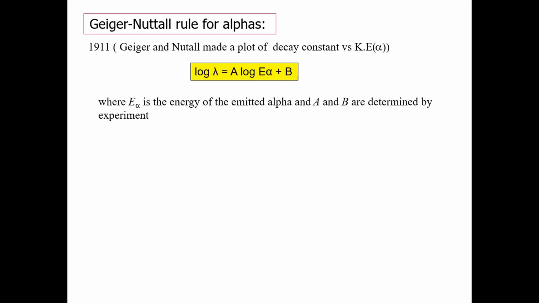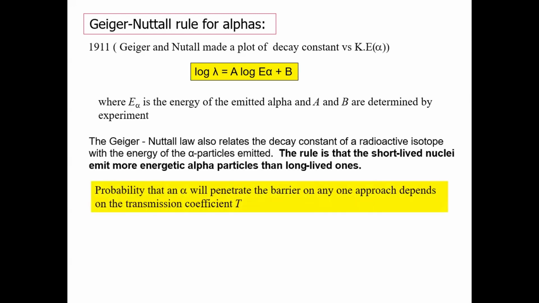So if the decay constant and the kinetic energy of the alpha particle are plotted, we see that the energy of the alpha particle as a function of the decay constant varies in proportion, where A and B are constants. Geiger-Nuttall law also relates the decay constant of radioactive isotopes with energy, and the half-life with the energy.